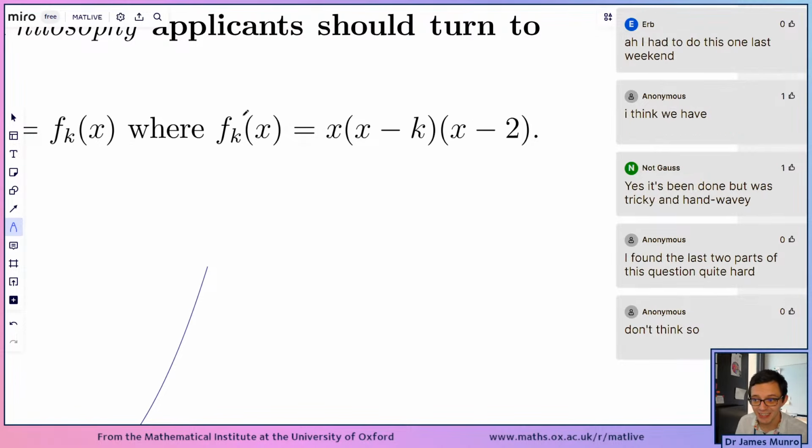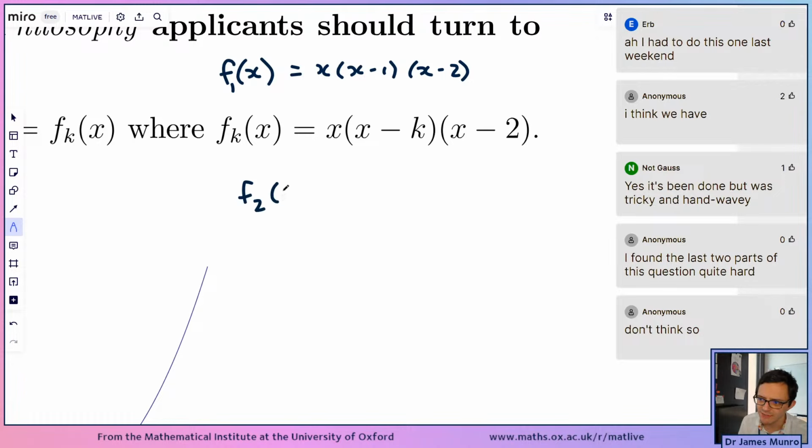It's understanding this function. So you're probably used to things like f of x equals whatever. This one's got an extra bit of information. It's got this k downstairs. So maybe we're imagining that there's an f1 of x, which is (x minus 1)(x minus 2). That looks quite nice. It's got roots in all the right places.